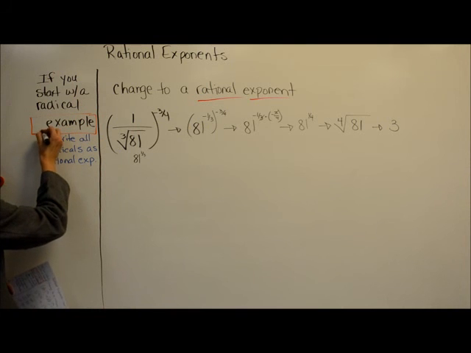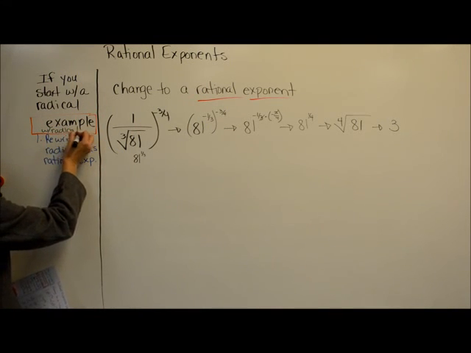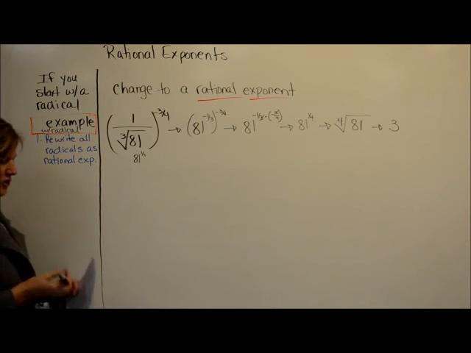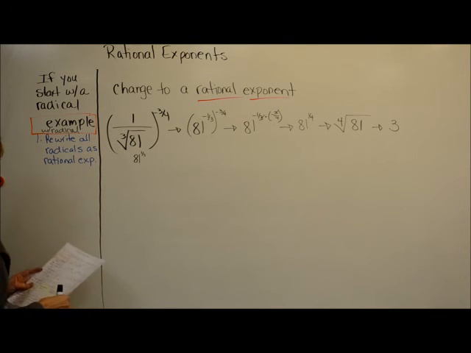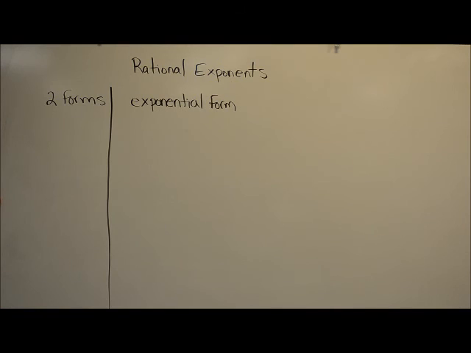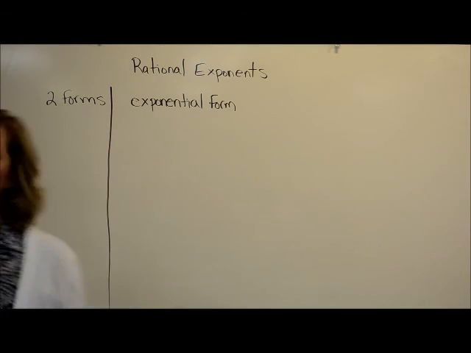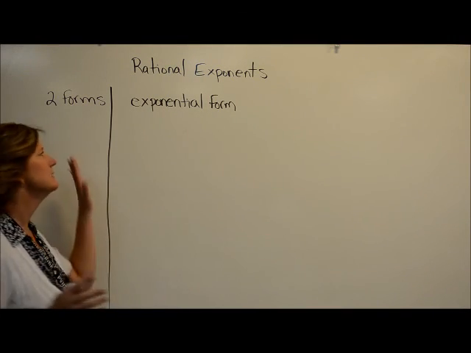Okay, so this is an example. Let's say this is an example with a radical. Okay, with a radical. So I started with the radical. And what do I do with it? Okay, there's two forms.